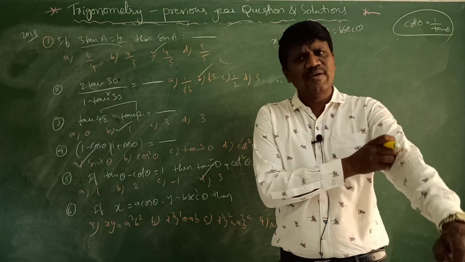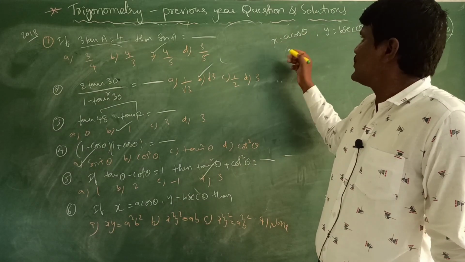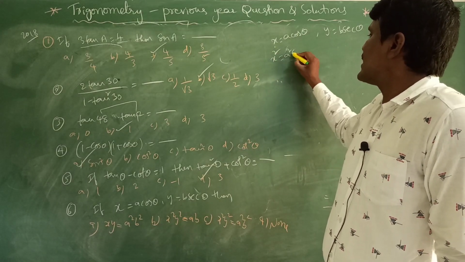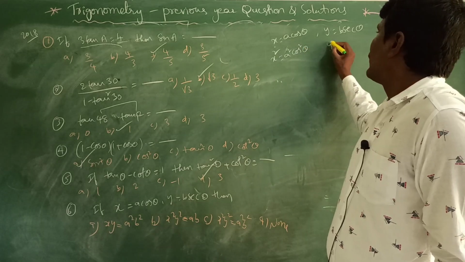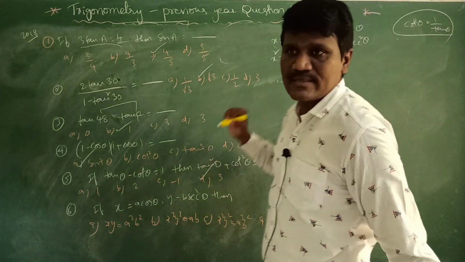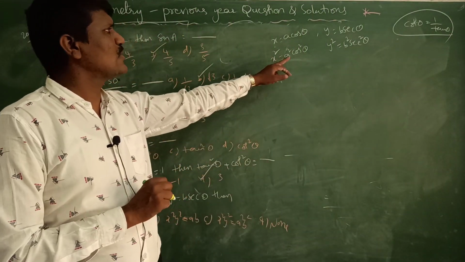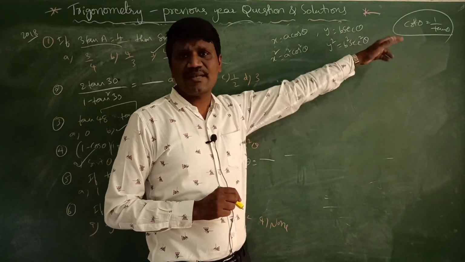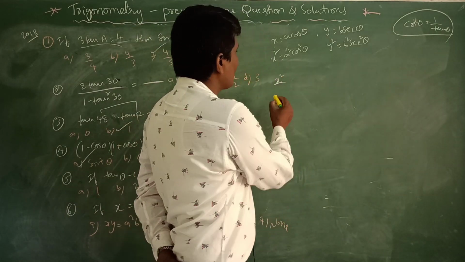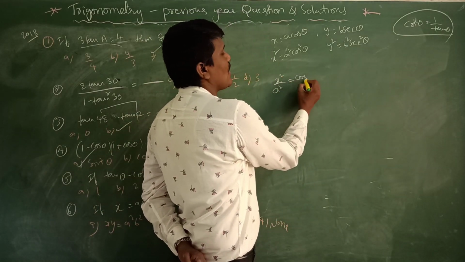Whenever a question is like that, you simply square on both sides. x square is equal to a square cos square theta and y square is equal to b square sec square theta.